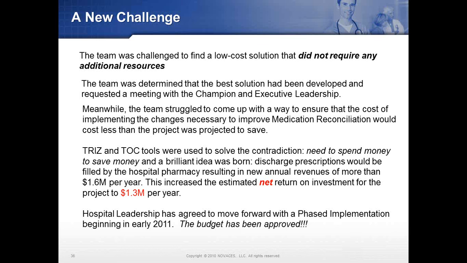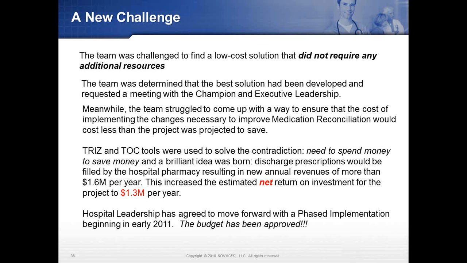So this team decided that if the discharge hospitalist reviewed those medications when the patient was ready for discharge from the hospital and filled those prescriptions for those patients, that would result in a net return on investment of $1.3 million per year.